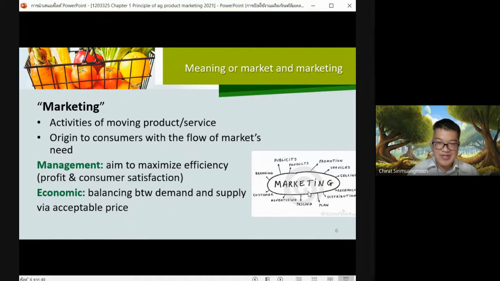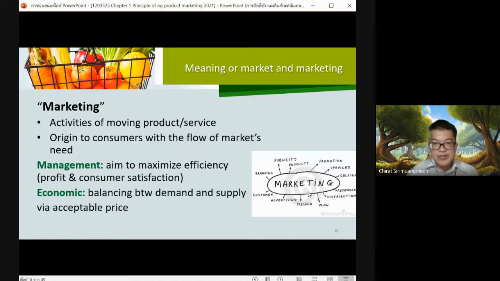Sometimes we might have a different understanding when we talk to management people and economics people because they don't think the same thing. If you talk about marketing in terms of management, they aim to maximize profit and consumer satisfaction.